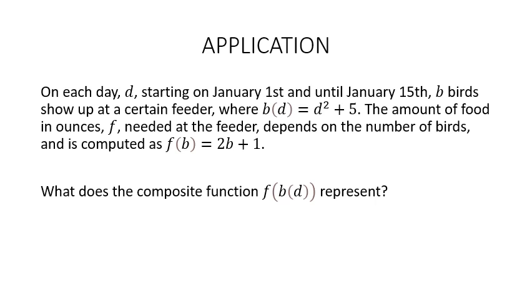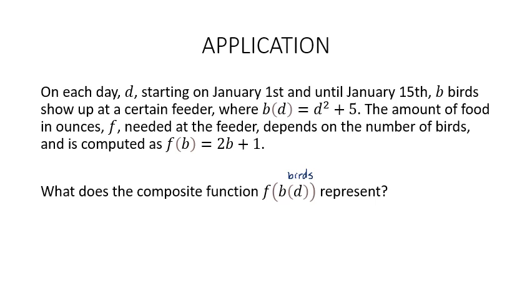So f of b of d represents this part here. The input is days, output is birds. And then the output f of b tells us the amount of food when the input is birds. So f of b of d represents the amount of food needed on a certain day.